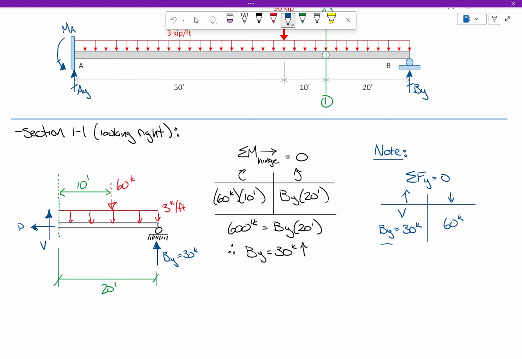Now remember, this is an internal force, and I'm not so much choosing or assuming a direction as I am adopting a conventional approach. This is the standard sign convention for shear. So I'm going to go ahead and just say it's positive 30. Is everybody with me on that?